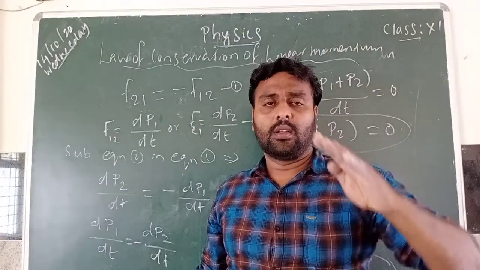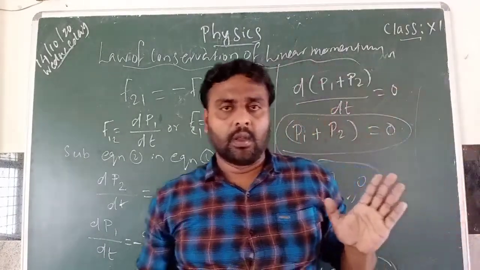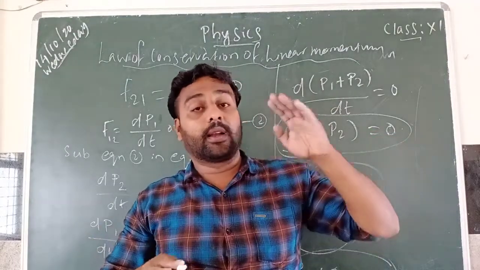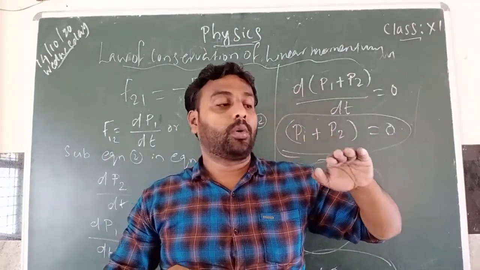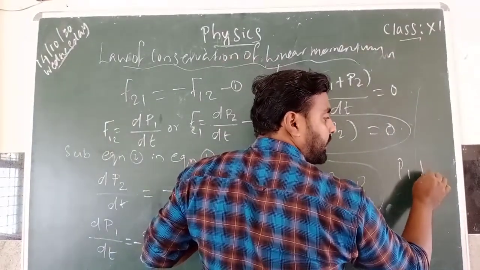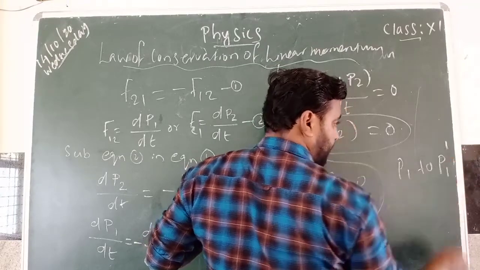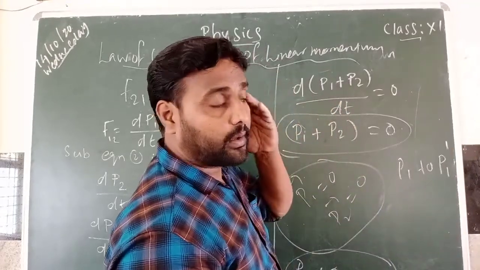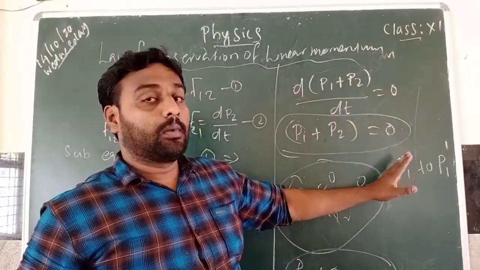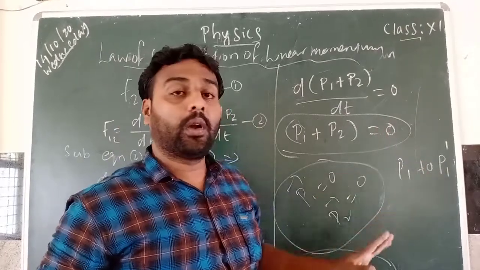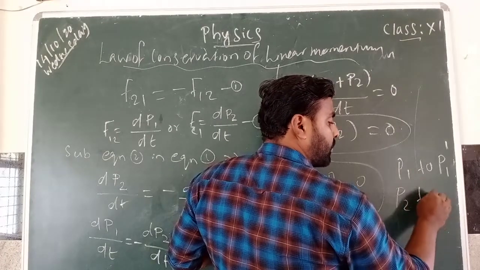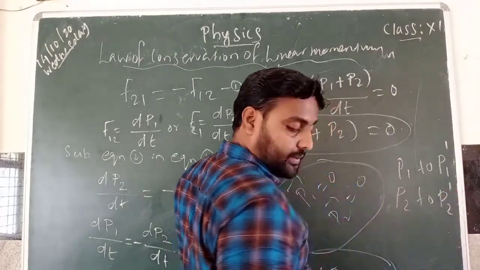Now you know that once the gun is fired, what will happen? The gun is particle 1, so P1 is changing to P1 dash. Listen here. Once the gun is fired, P1 is changed to P1 dash, and P2 is changed to P2 dash.